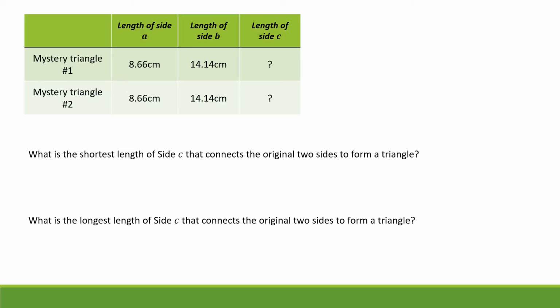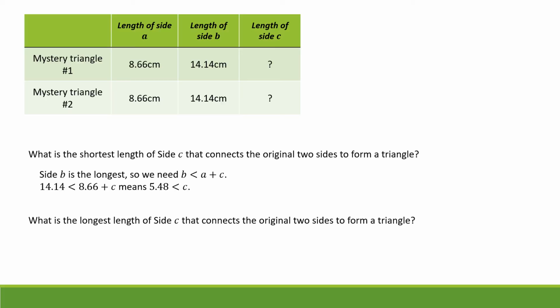So for the first problem, I can see that since I'm looking at short side C, B needs to be shorter than the sum of the other two, in this case A plus C. By throwing that into an actual inequality, 14.14 is less than 8.66 plus C. So we're actually looking at the difference, that is 5.48, being smaller than C. So C needs to be at least 5.48 to form a triangle.